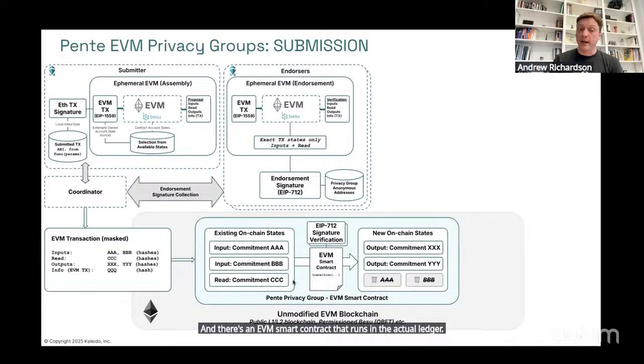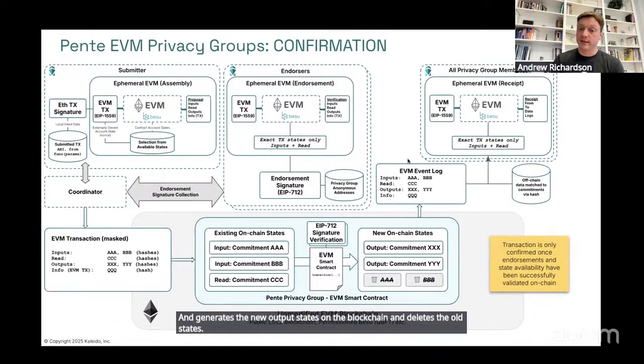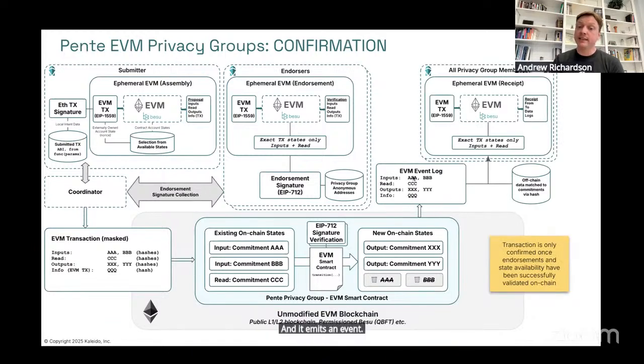And it verifies that all of those input states, the commitments to them, so these are salted hashes, this is not the data, all of those input states are unspent and available on the blockchain, that the signatures are sufficient to allow this to be confirmed, and generates the new output states on the blockchain and deletes the old states. And it emits an event. And that event is the only time at which this transaction is confirmed.